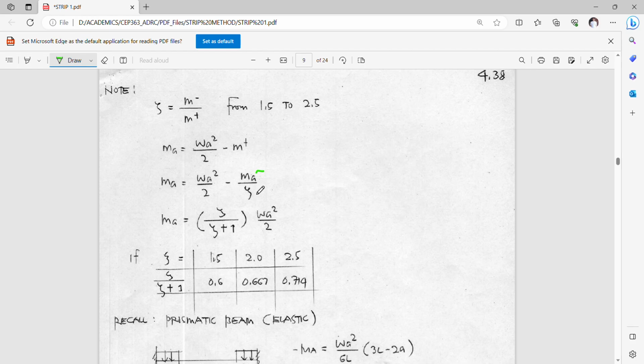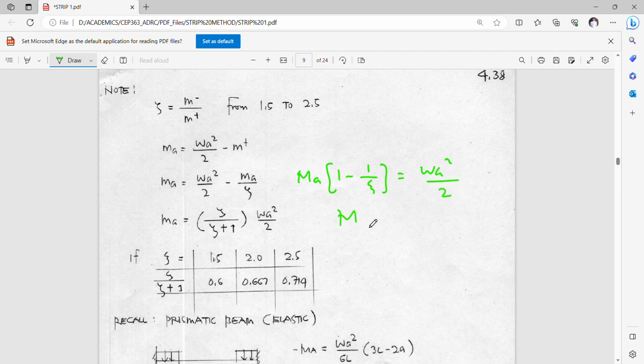Okay, MA here is equivalent to... so this becomes MA times (1 minus 1 over C) is equivalent to W A squared over 2.